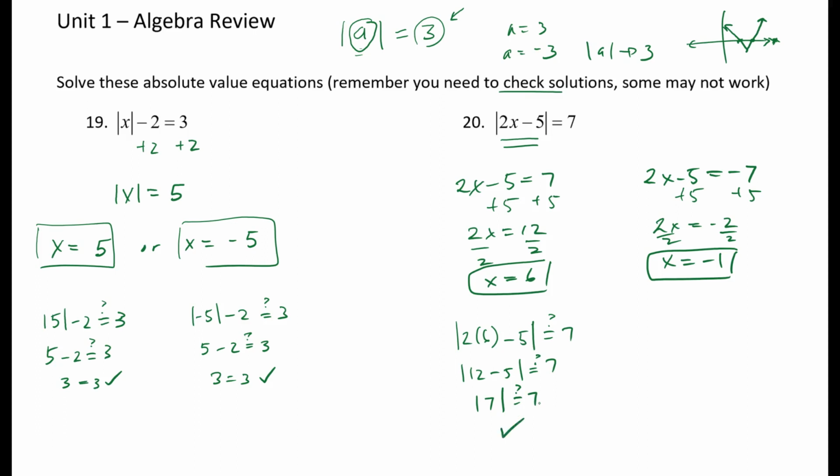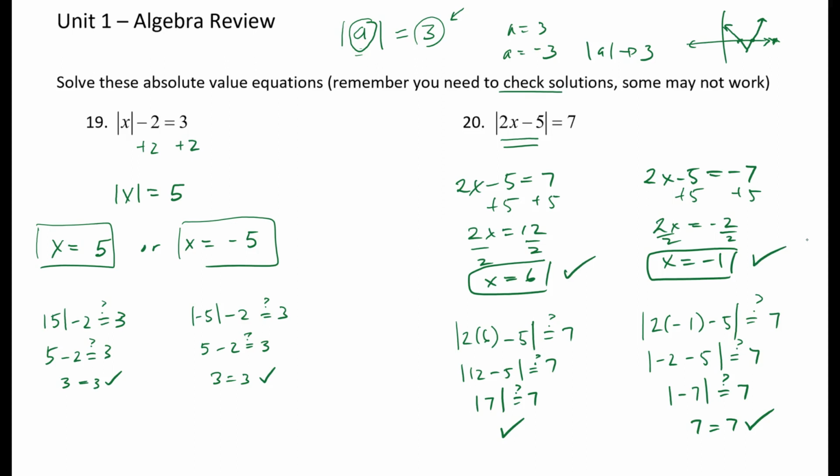So this one works. And then here we have 2 times negative 1 minus 5, all absolute value. Does that equal 7? 2 times negative 1 is negative 2 minus 5. We have negative 2 minus 5 is negative 7. Well, the absolute value of negative 7 is 7. So 7 equals 7. So both of these solutions also work.